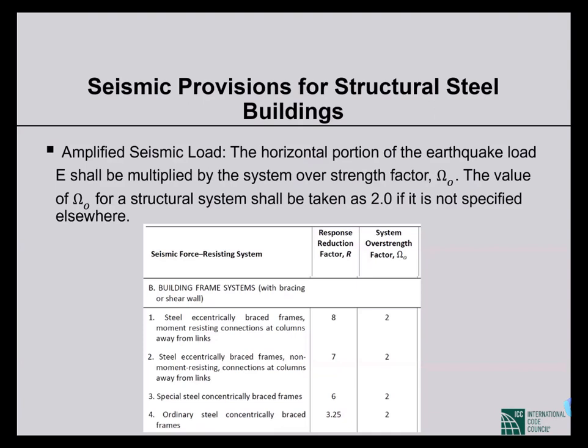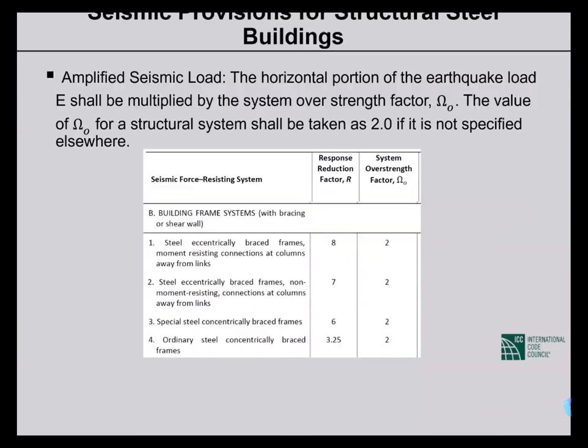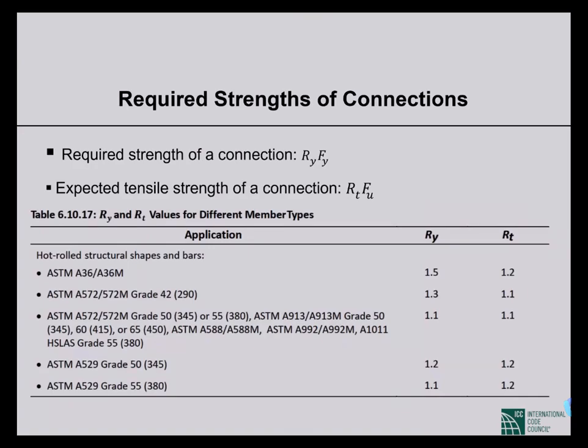You see, for building frame systems, for braced frames, eccentrically or concentrically braced frames, omega naught is always 2. For moment frames, omega naught is 3. So we have to increase to 3 times, seismically amplified. Now, this one is also important. This is required for connections.